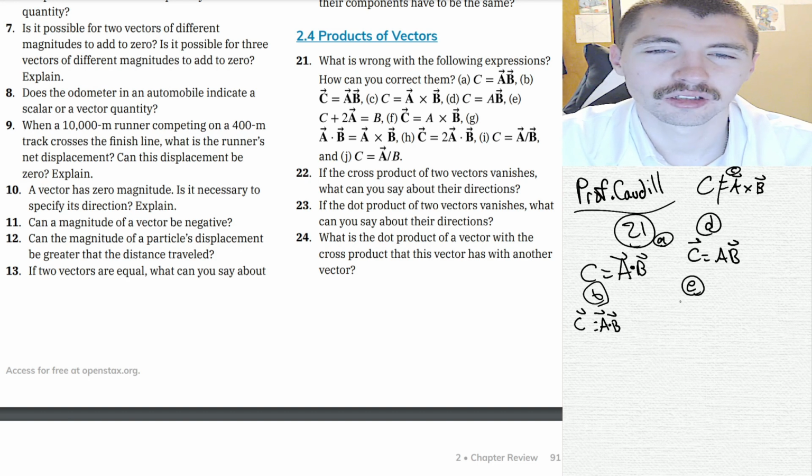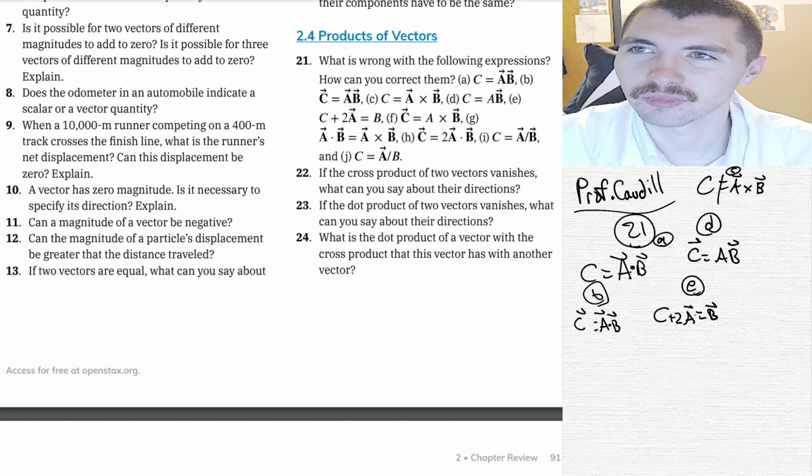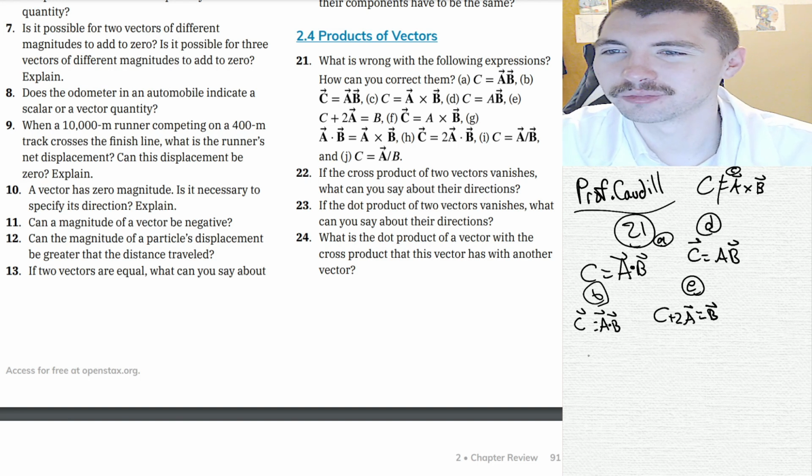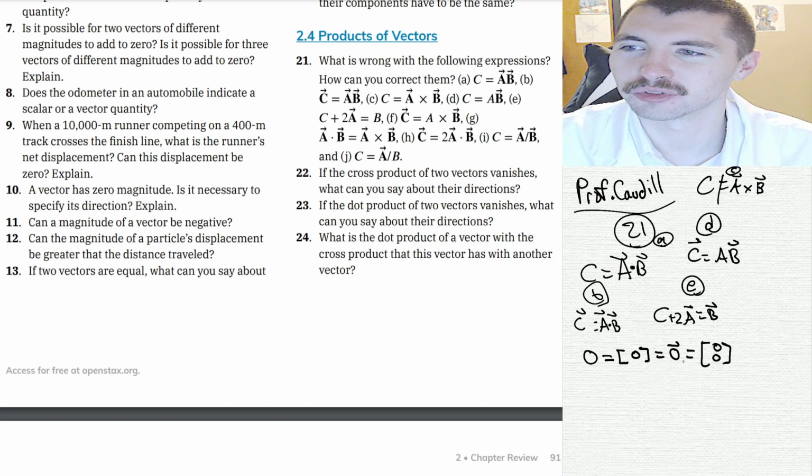E, C plus 2A equals B. Similar stuff. B needs to be a vector for this to make sense, unless it's a 0 vector, which is 0. So here's the problem: 0 is the same as a vector with one element, which is the same as 0, 0, a vector with 2 elements.